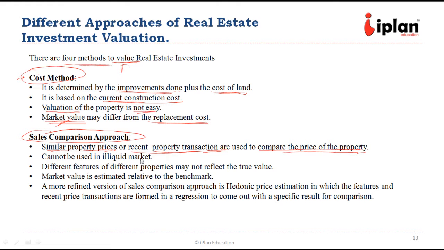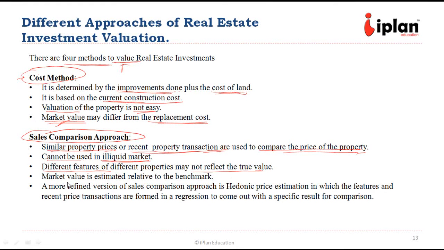But if the market is very illiquid and there are not a sufficient number of transactions in the near past, then we cannot use this method. And since the properties are heterogeneous, the different features of different properties may not reflect the true value.